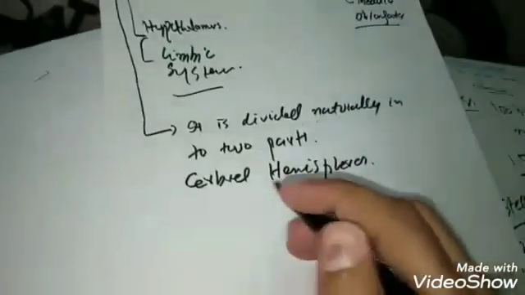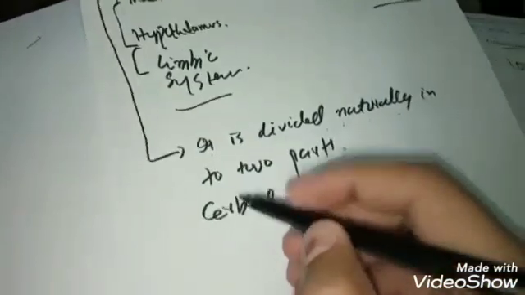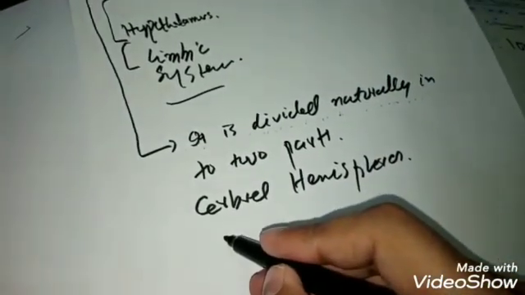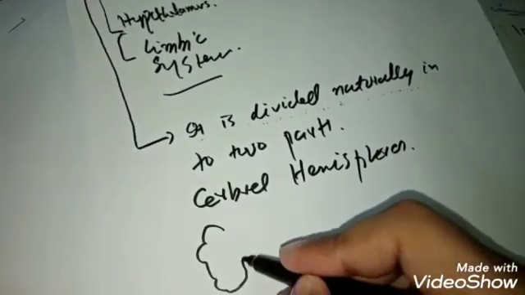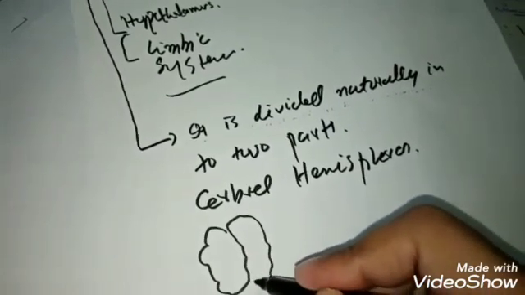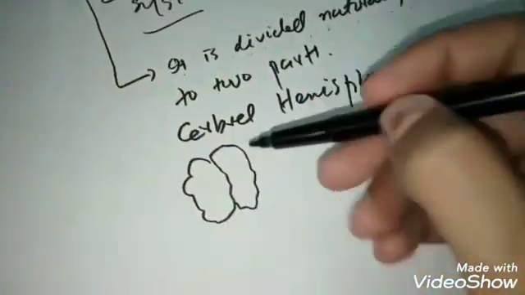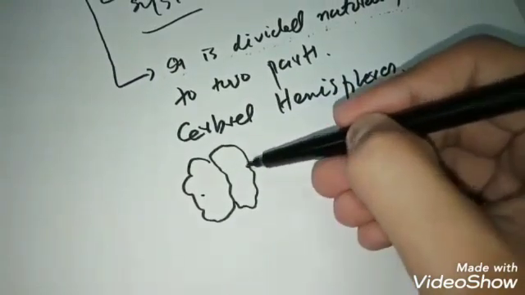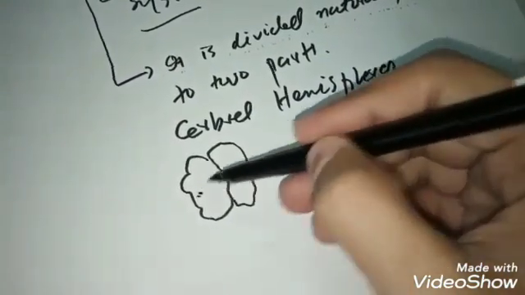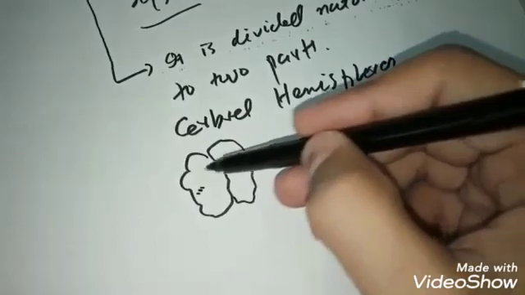If you see a human brain from above, you will see this type of arrangement. These are the two divisions of the cerebrum, called cerebral hemispheres.